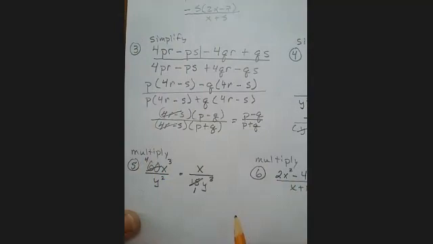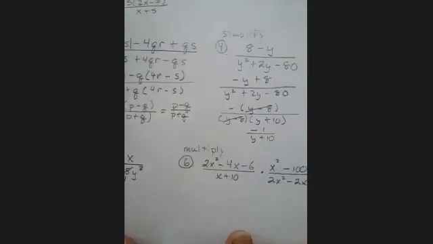I've got y squared here and y cubed here, x cubed there and x squared. The only thing I have to do here is add those two together, and add these two together. Okay, you're done.